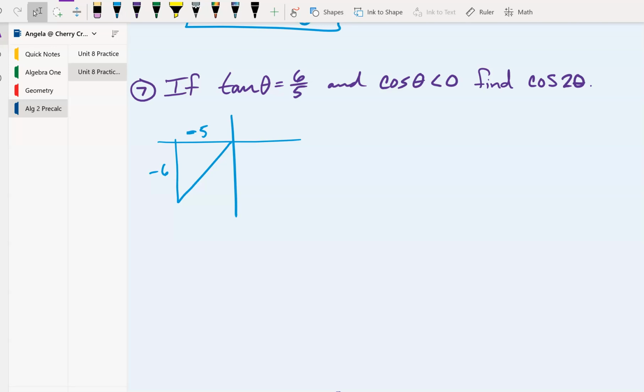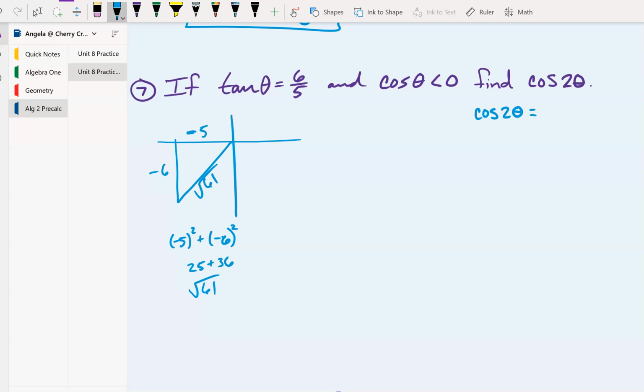So using Pythagorean theorem and a little simplification, we are going to get that opposite side. So 25 plus 36, so square root of 61 is going to be your hypotenuse. Okay, so when we're dealing with the cosine 2 theta expression, don't forget you have a lot of different choices for evaluating cosine of 2 theta.